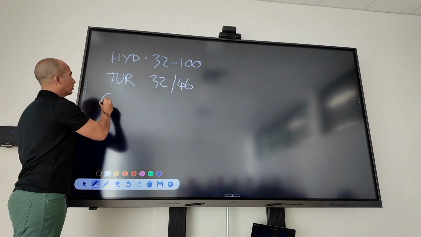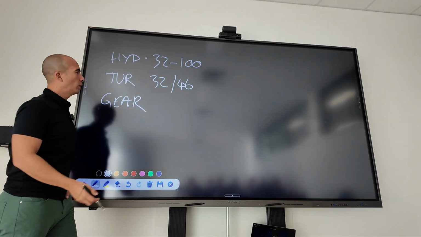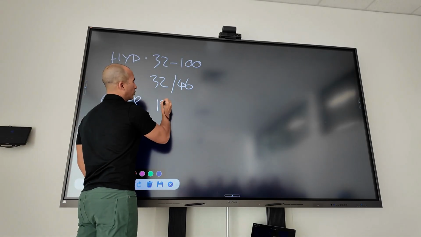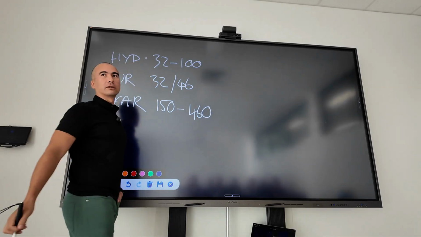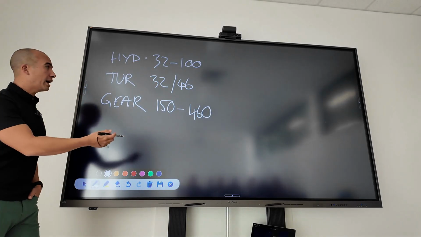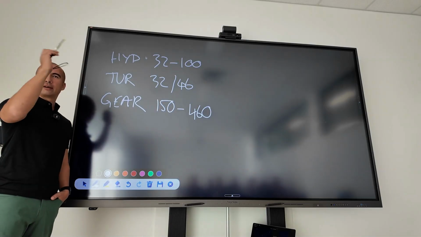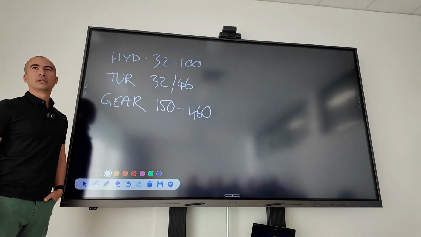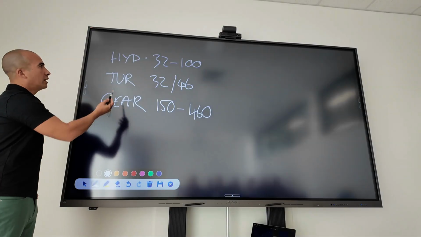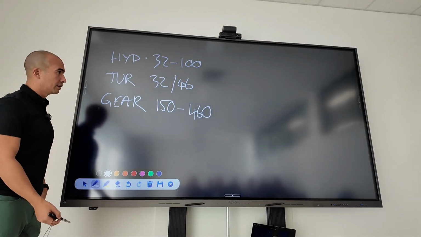If I had a gear oil, right? Some of you guys have standardized everything to 320. We usually say the gear oils run anywhere between 150 and 460 centistokes. Right? Obviously way higher. So I gave the example of the open gear oils, which are like ISO 22000, ISO 46000 type stuff, right? So basically the higher the load gets, the more viscosity we need.